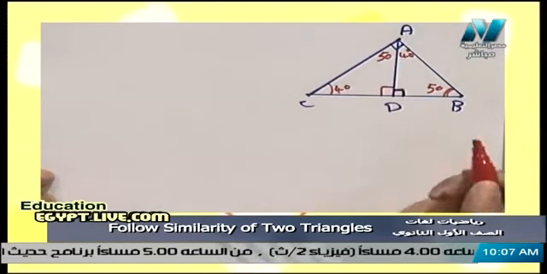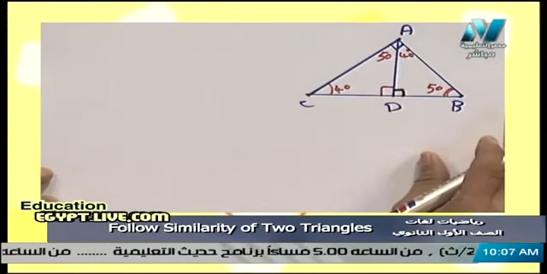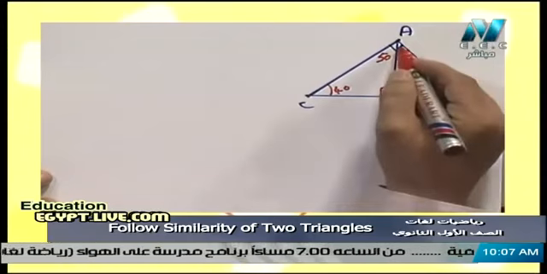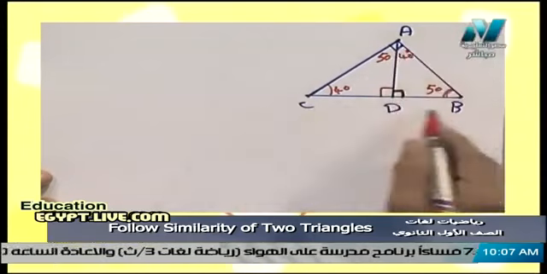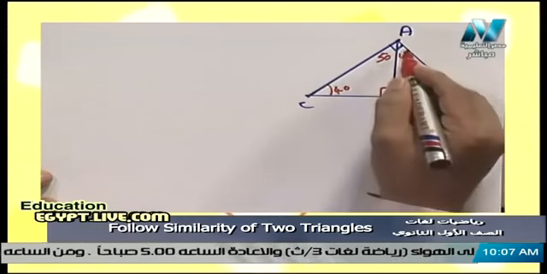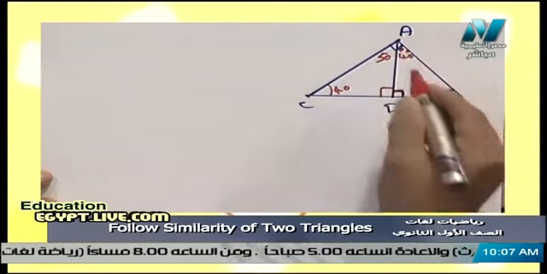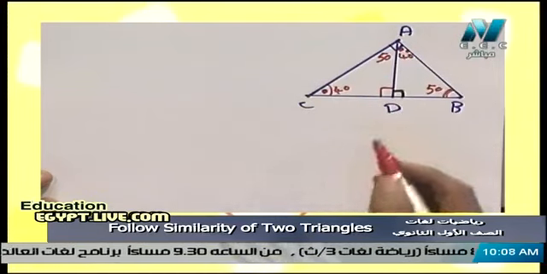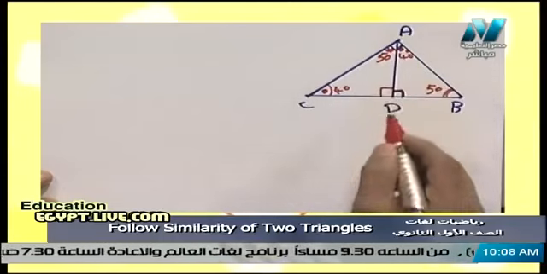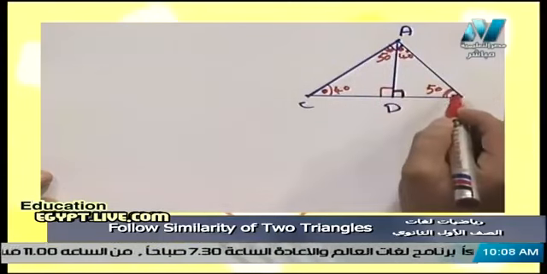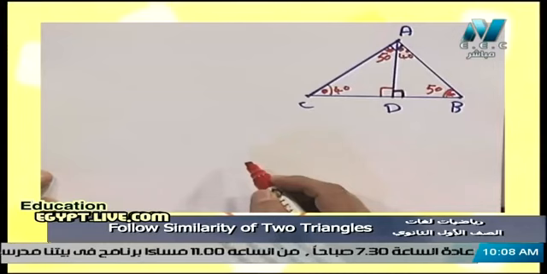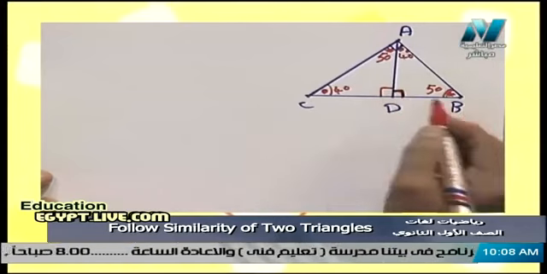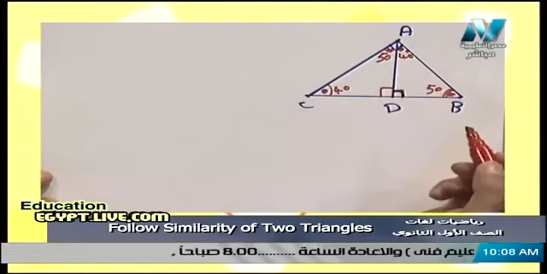So it's clear to us now that if we have a right angle triangle like that and perpendicular AD to CB, the measure angle BAD of course equals the measure angle C, and also measure angle DAC equals measure angle B. And we know that measure angle ADB equals measure angle ADC, right angle.